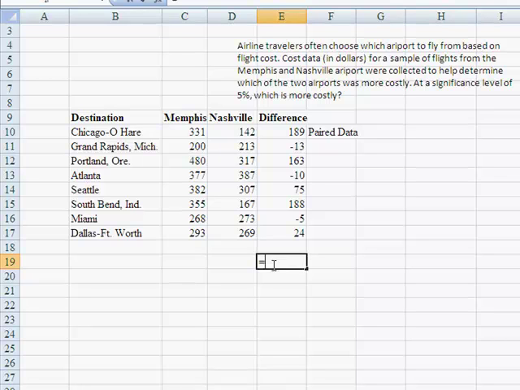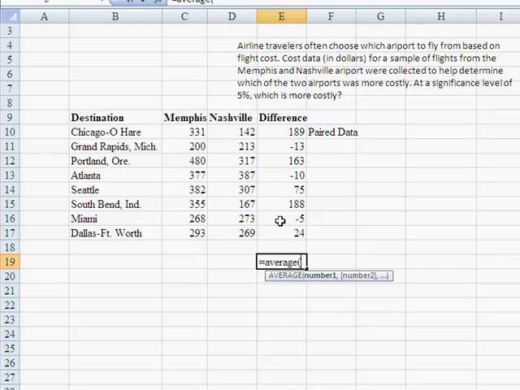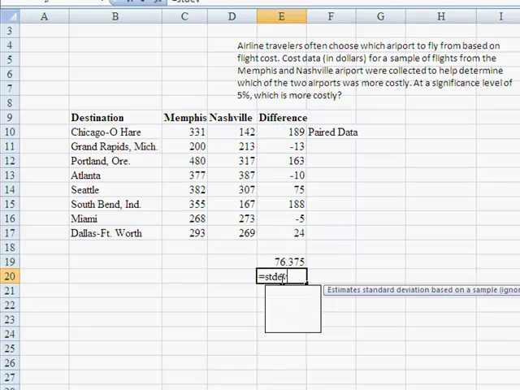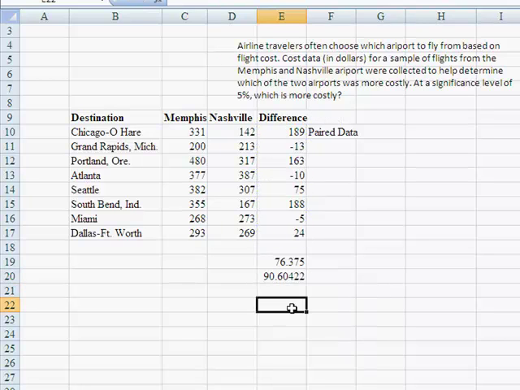Specifically, I can now look at the mean difference, which is the average of this group, and the standard deviation from this group. Well, okay, the mean difference is $76 and about 38 cents. But now that I have my data set up like this, I can actually do a paired test.